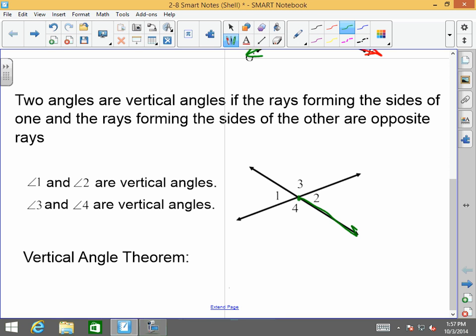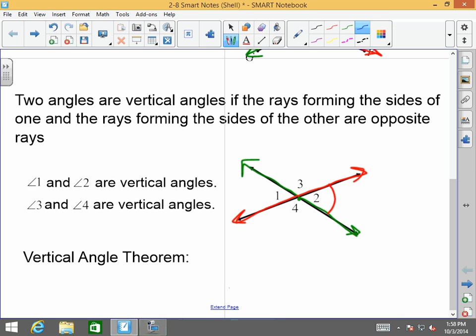This is one ray of an opposite ray. And over here, this is one ray of two opposite rays. So this red ray and this green ray here, which I'm going to attach right here, that forms a vertical angle because they came from two sides of two opposite rays.